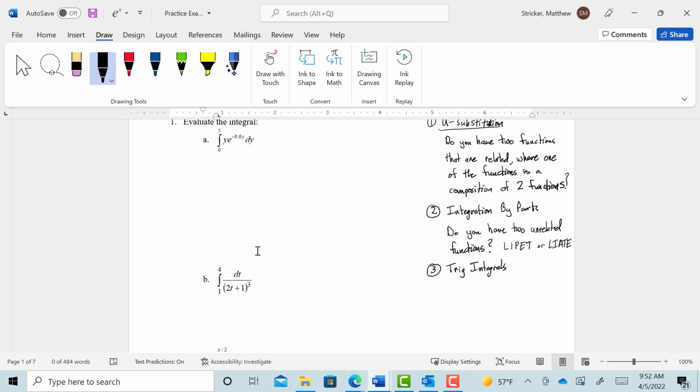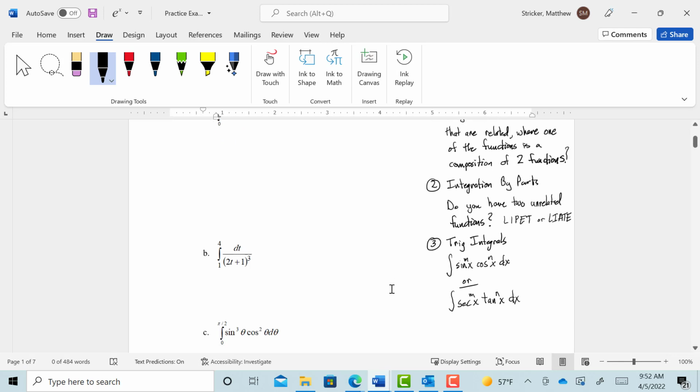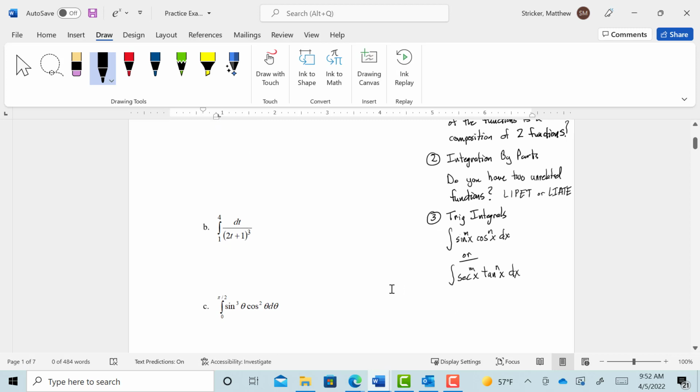So your integral is going to look something like the sine of x to a power times the cosine of x to a power, or it could look like the integral of secant of x to a power tangent of x to a power. So anytime you have something that looks like that, you're going to want to use the trig integral methods.